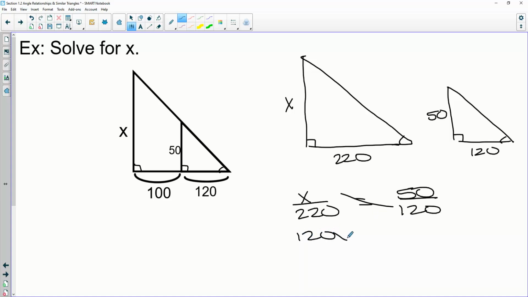Cross multiply. And when you divide, does it work out perfectly? No, so I'll just leave it as a fraction. 275 over 3.